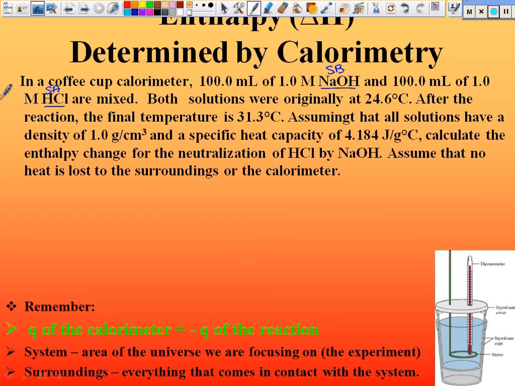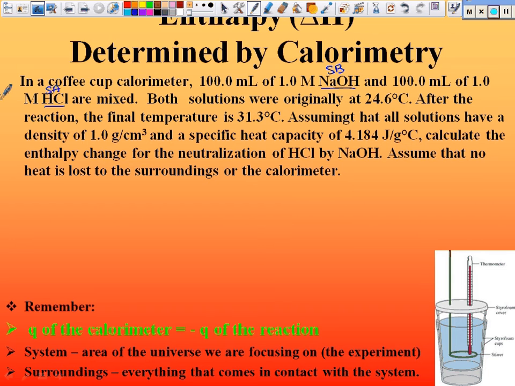You wrote the ion. What's the ion for a strong acid? H plus. What's the ion for a strong base? OH minus. So what is the net ionic equation for an acid-base reaction? Hydrogen ion plus hydroxide ion equals water. Okay, just want to throw that back at you.